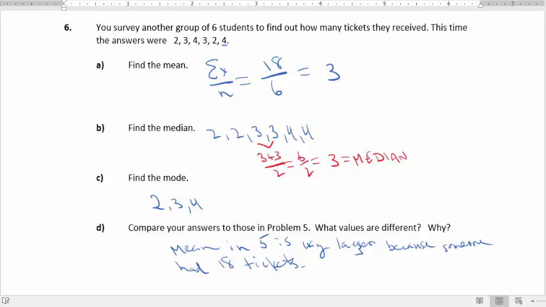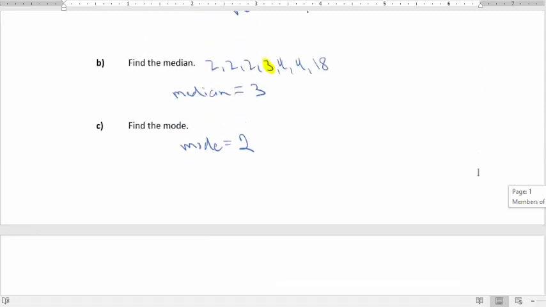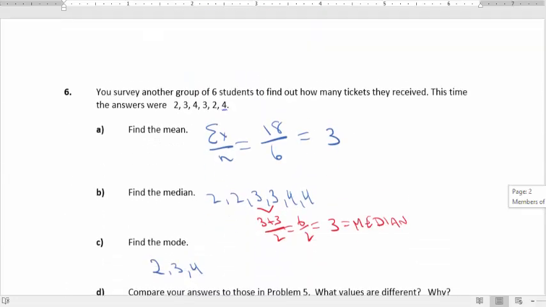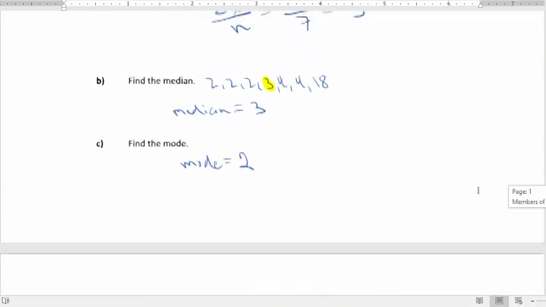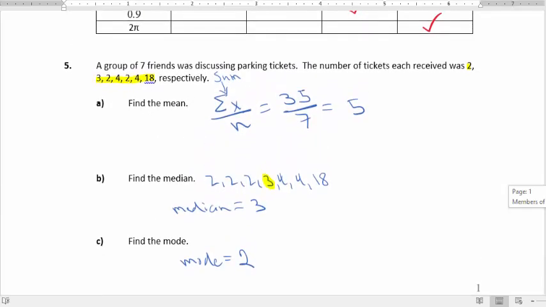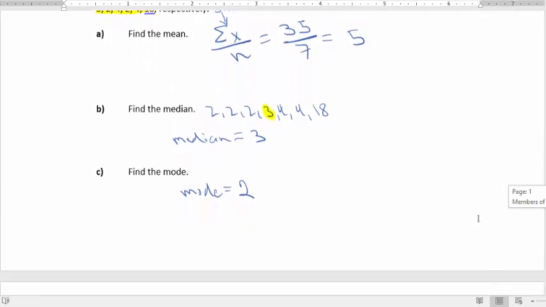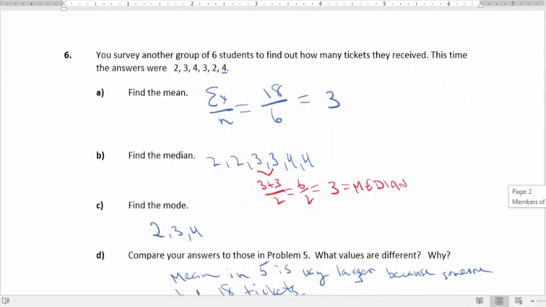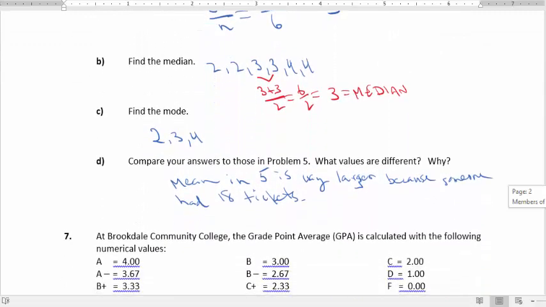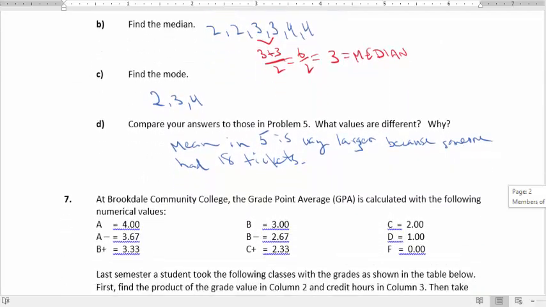Everything else was fairly close. The median was 3 here, and in the other one we did, it was also 3. The mode was 2 there. Here, the mode was just 2, 3, and 4. The big difference occurred in the mean. Here, the mean was 5, because that person had 18 tickets, and here the mean was 3. Okay, so that's the idea.